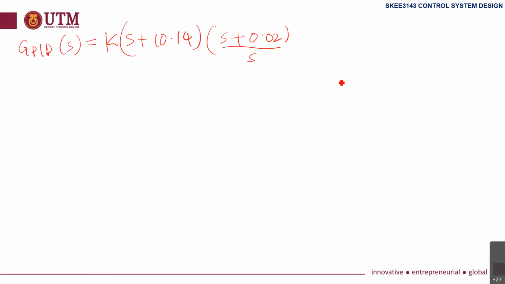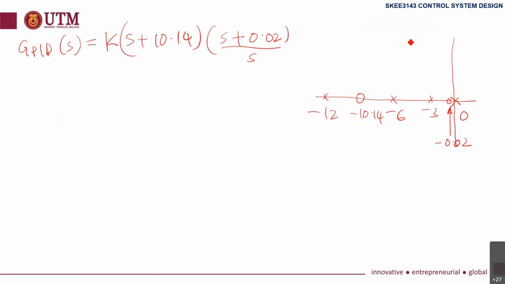We need to find K again by using the distance. We have poles at minus 3, minus 6, minus 12. Here 1, 0 at 10.14, 1 pole at the origin, and 1 zero near the origin, at negative 0.02.